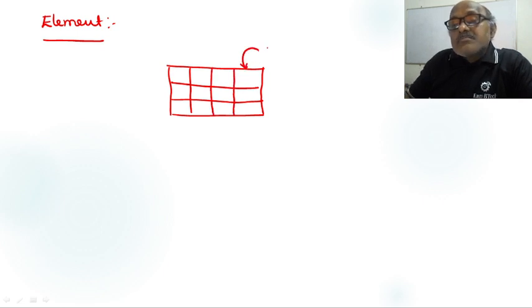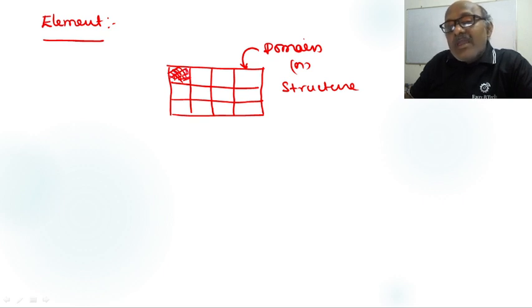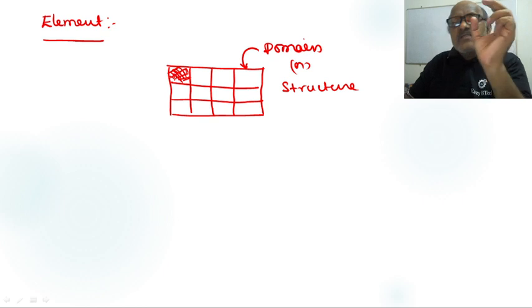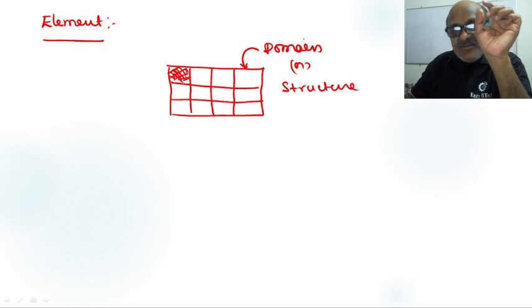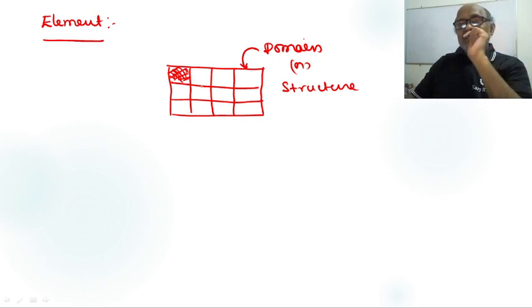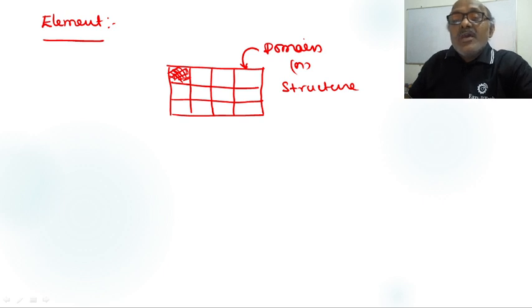This is a domain or structure, and this is a small piece from the domain with known characteristics. The domain is divided into small rectangles, so that we know the characteristics of the rectangle. A small piece from the domain with known characteristics is called an element.